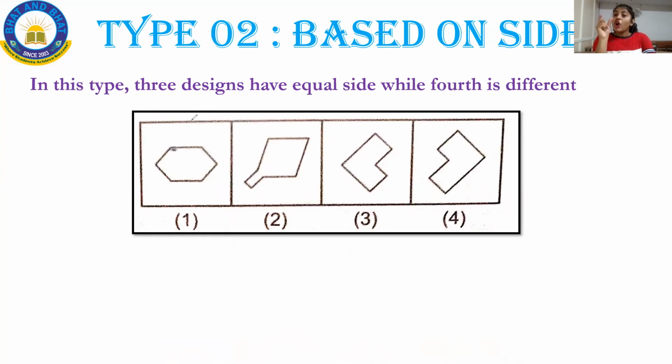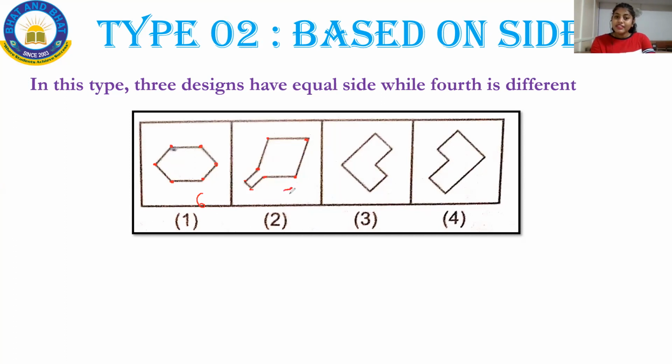Let me count. All corners will be considered as sides. So see here, 1, 2, 3, 4, 5, 6. Okay, it has 6 sides. Let me do this one. 1, 2, 3, 4, 5, 6, 7. How many sides?